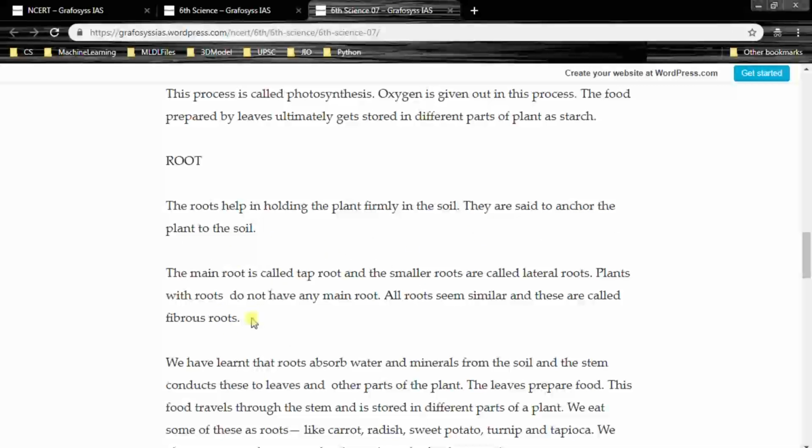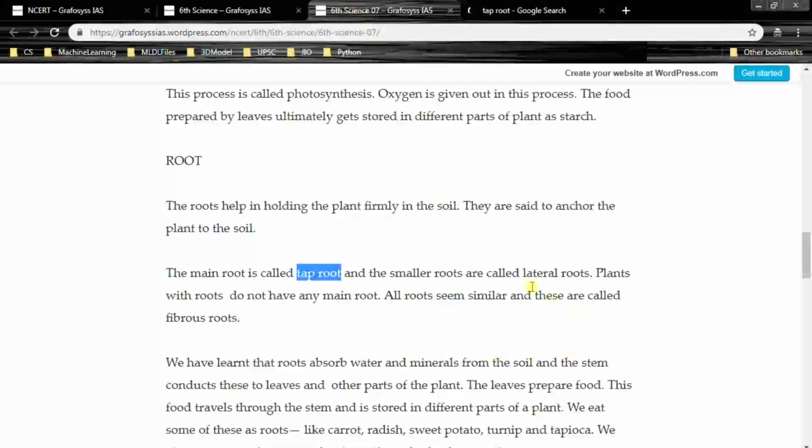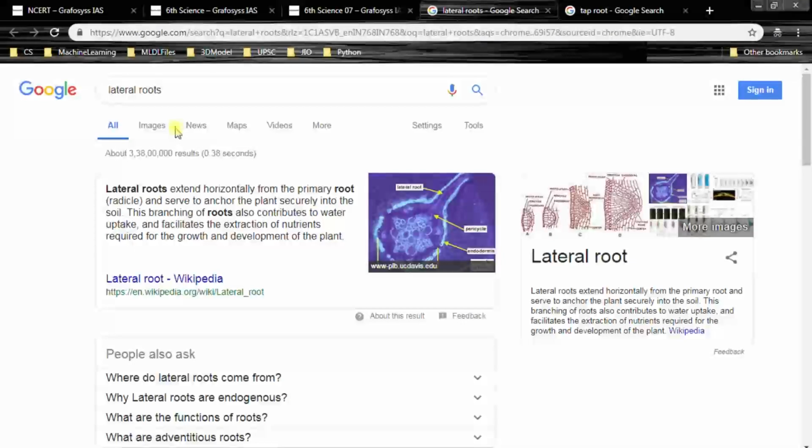So it is going to hold firmly in the soil. The main root is called taproot, and the smaller roots are called lateral roots. So taproot, and smaller roots, these are lateral roots.